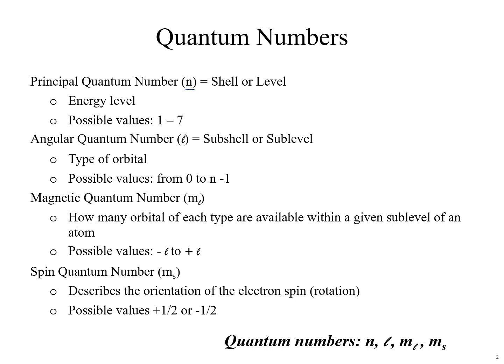The second quantum number is the angular quantum number, and we use letter L to represent that one. If the principal quantum number N is representing an energy level, or what is also known as a shell, the angular quantum number L is representing a subshell. It's something that is contained inside of an energy level.